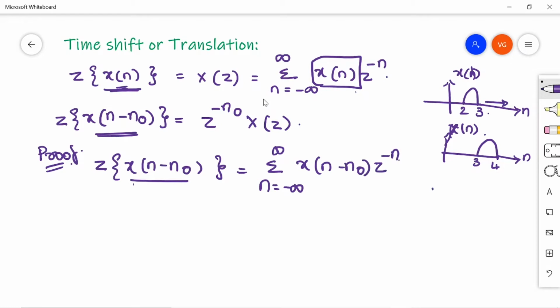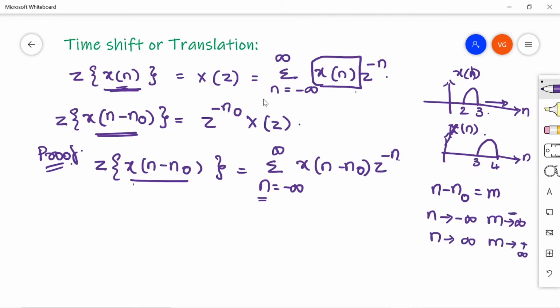Now let us call n minus n naught as m. Now I am trying to change the limits also, as here if n tends to minus infinity, then m also tends to minus infinity. If n tends to plus infinity, m also tends to plus infinity.